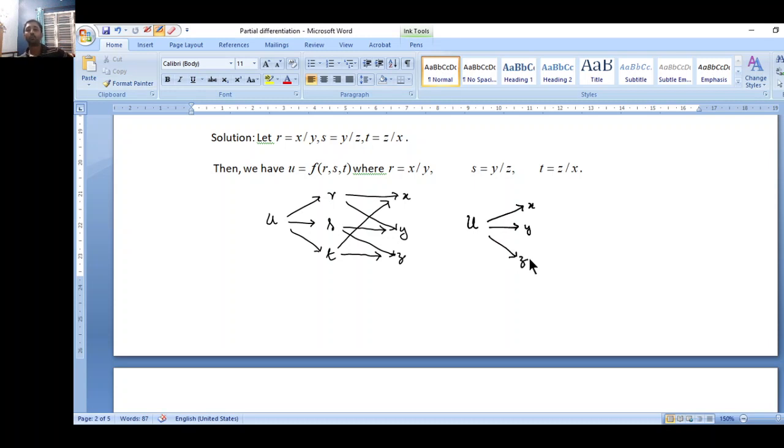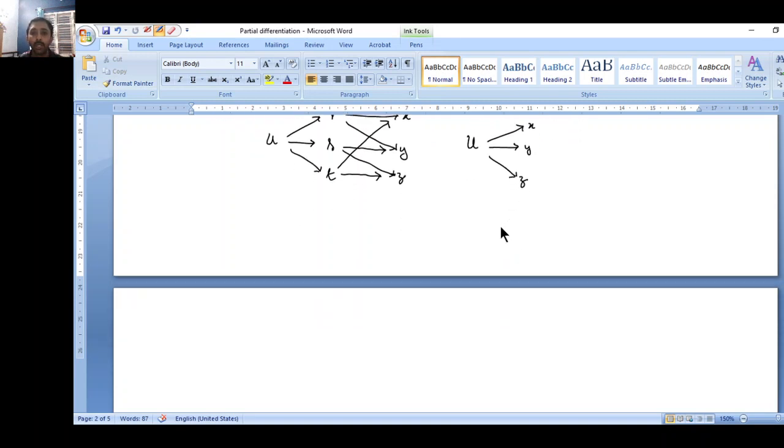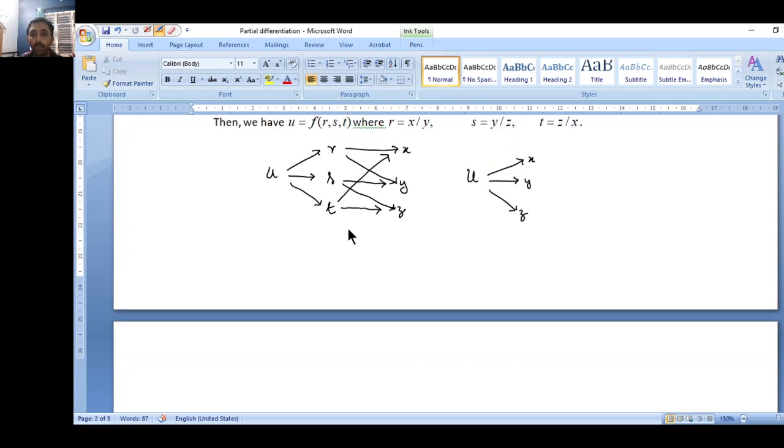Now once U depends on X, Y and Z, we should be able to find out 3 derivatives, and particularly 3 partial derivatives, which are of the form dou U by dou X, dou U by dou Y, and dou U by dou Z. Okay, now the question is, what is dou U by dou X going to be equal to?